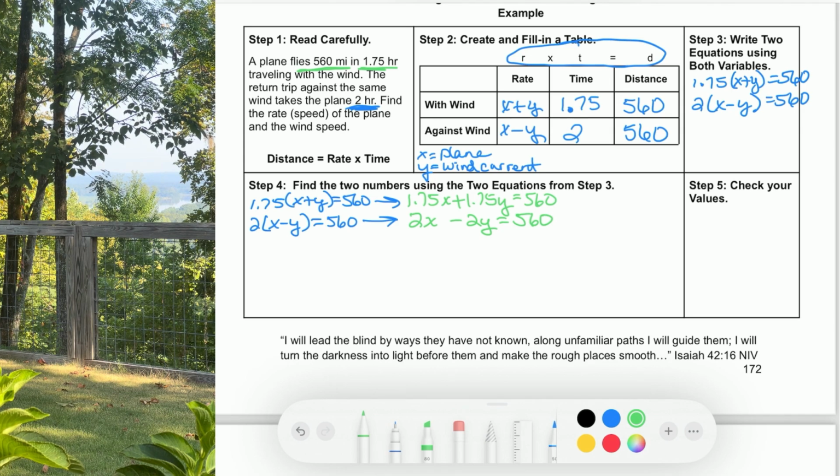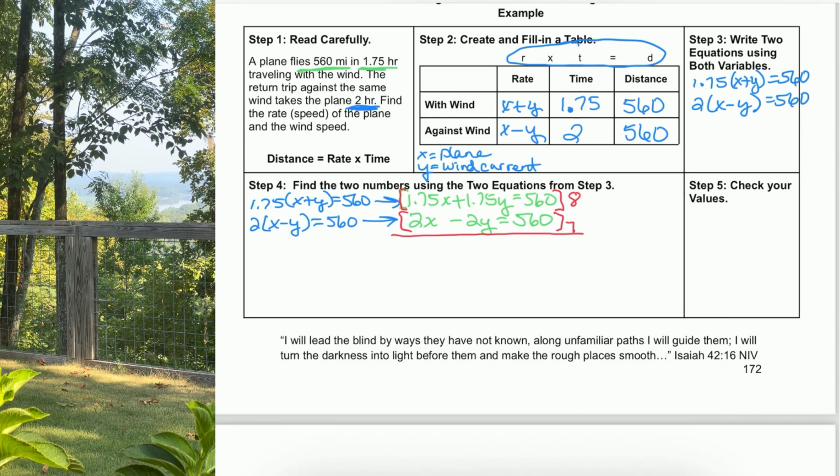So let's see, which one can I get rid of? I think I'm going to get rid of my y's. Let's go for our x first, okay? So I'm going to figure out what I need to multiply these by so that we can get a matching number. If I multiply the top one by 8 and the second one by 7, I think I can get a matching y here.